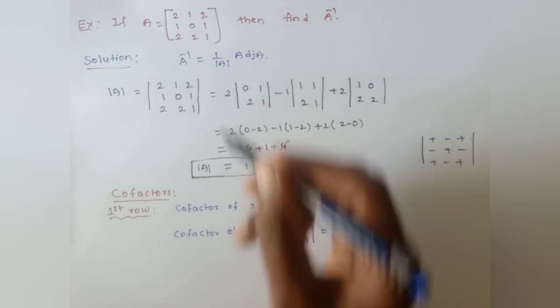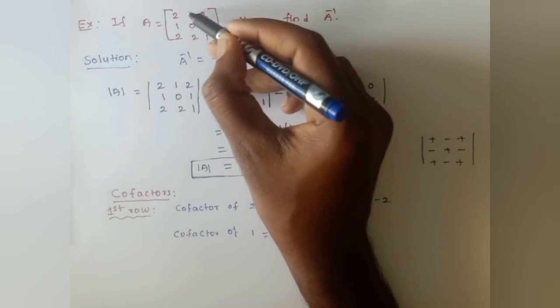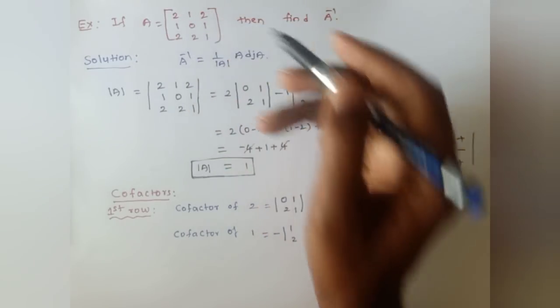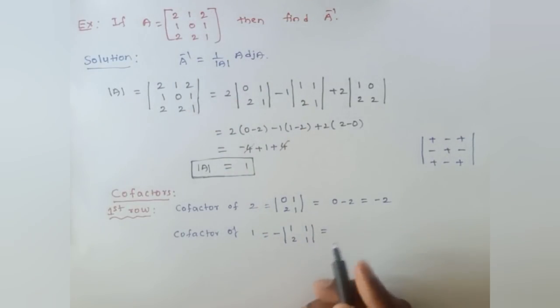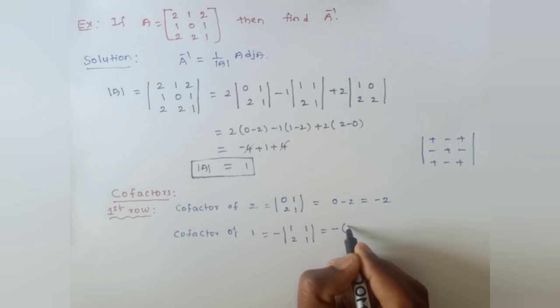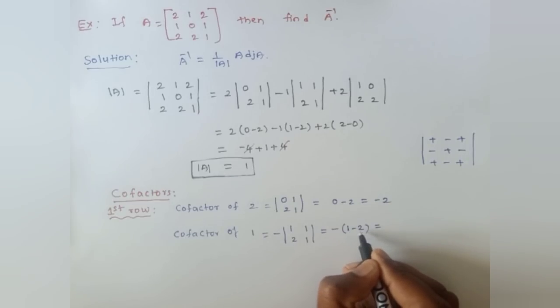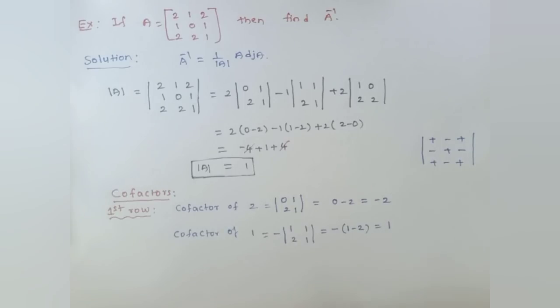The 1 lies in the first row, second column, so delete this row and column. The remaining elements become a 2 by 2 determinant. Now this is minus of 1 into 1, 1 minus 2. 1 minus 2 is minus 1, minus 1 into minus, so it is plus 1.